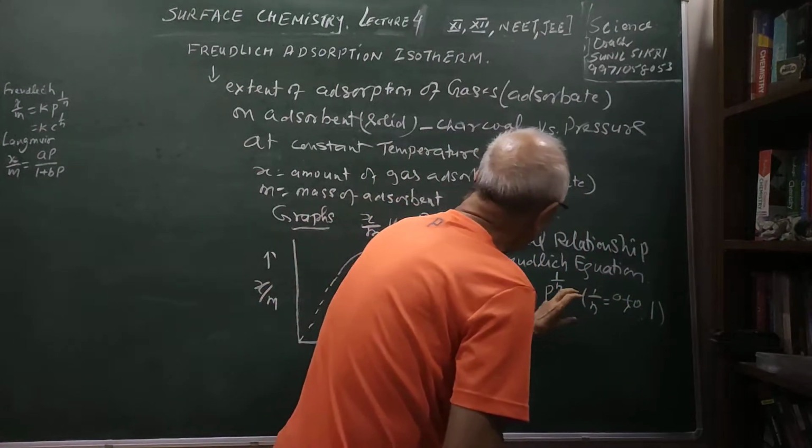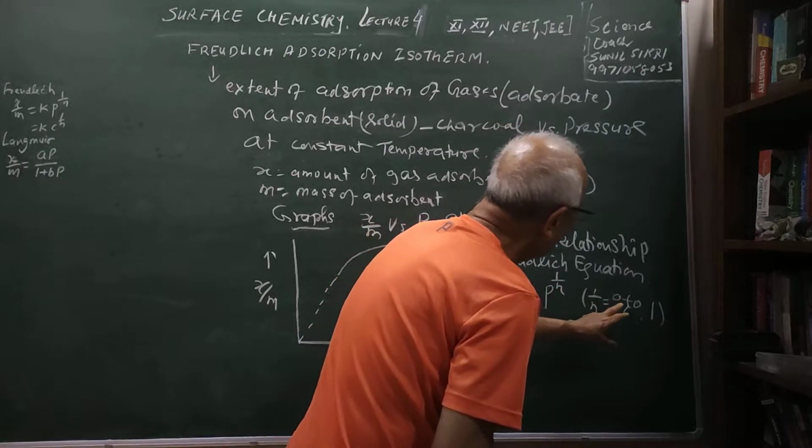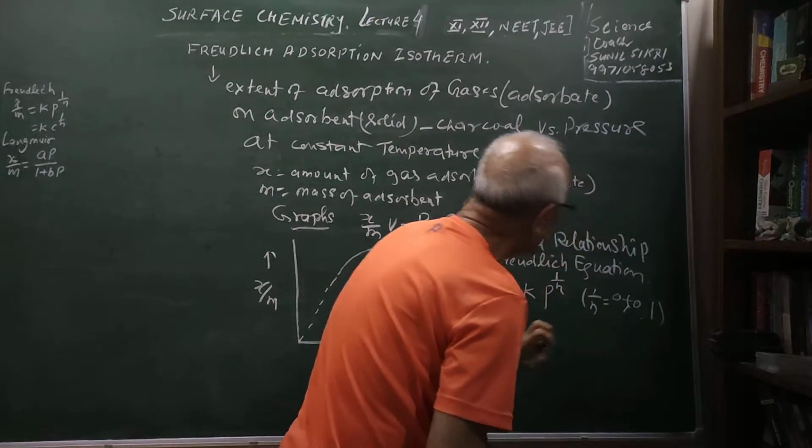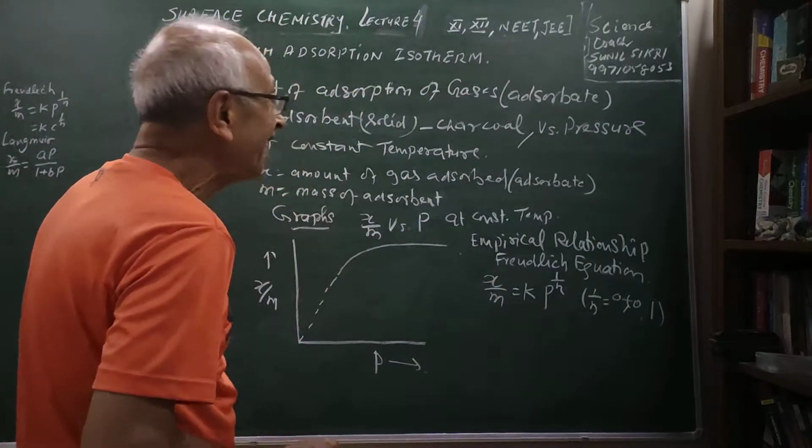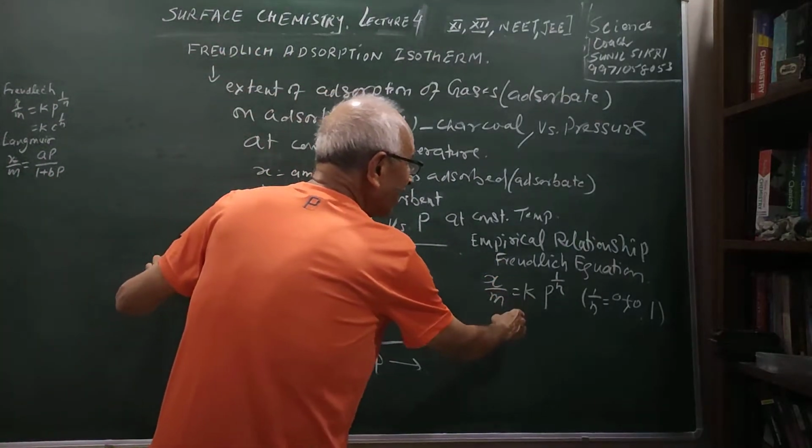So 1 by n is the power of P and its value can be 0 to 1, and this equation is called the Freundlich adsorption isotherm equation.